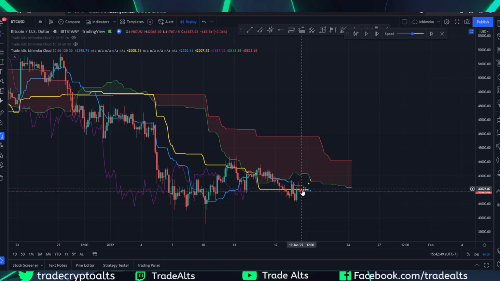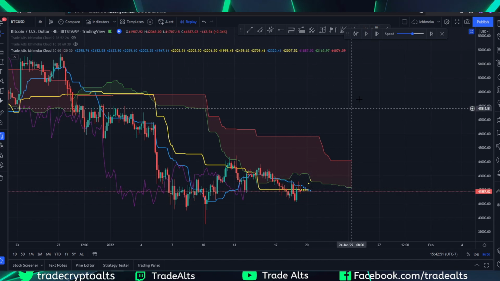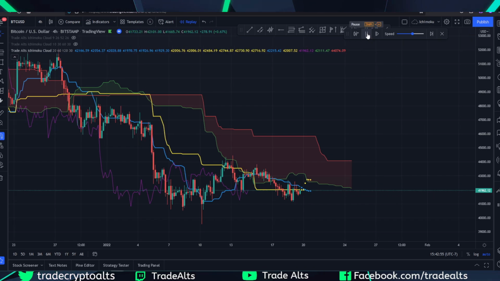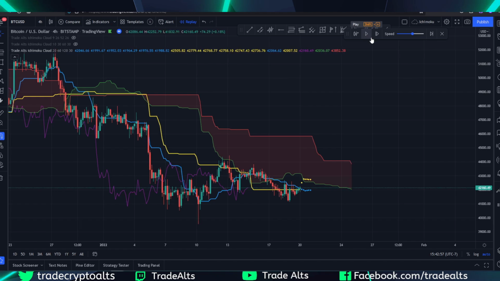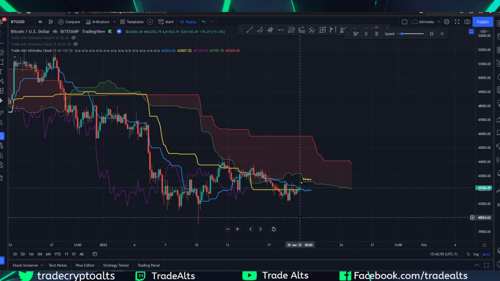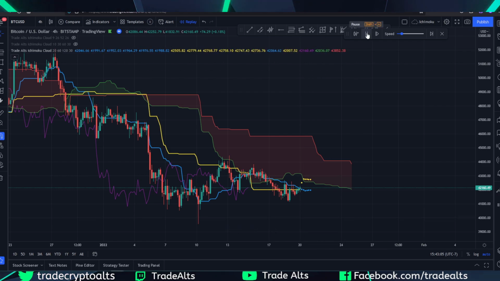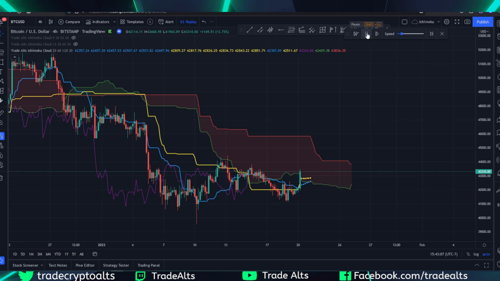Forecasting dots telling you that there is a cross potentially coming up, which could give you yet another short trade. Let me see. I'm going to slow it down. Do not have that cross yet.